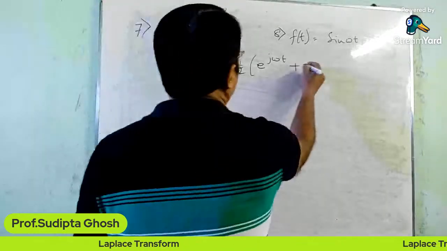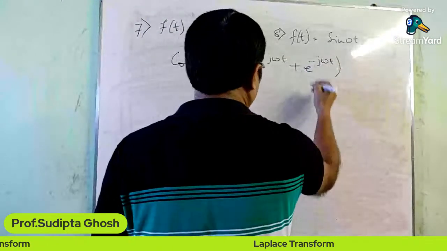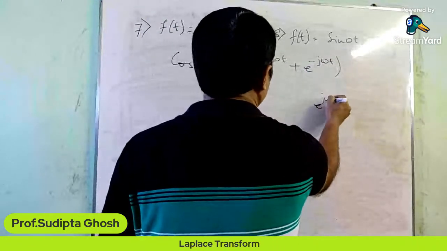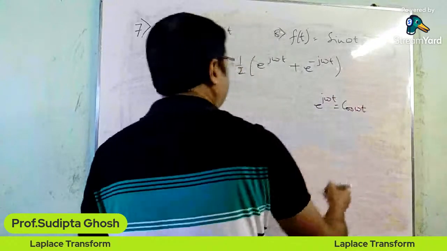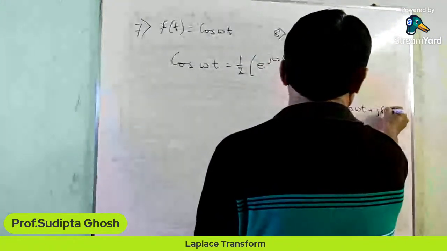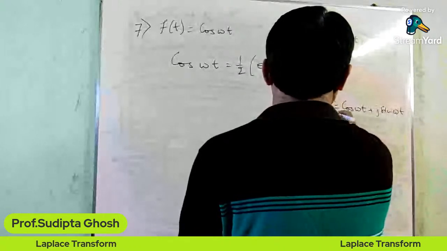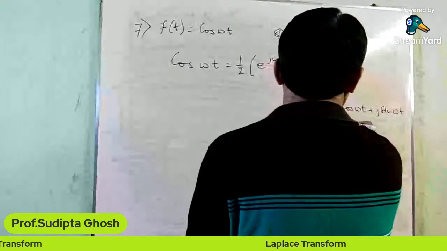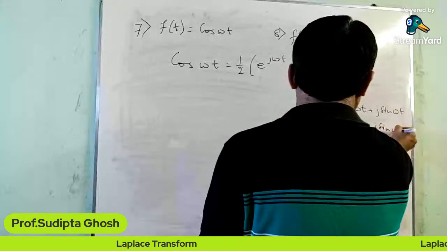So e to the power j omega t plus e to the power minus j omega t. What is e to the power j omega t? If you have forgotten the value, it is cos omega t plus j sine omega t, and e to the power minus j omega t is cos omega t minus j sine omega t.